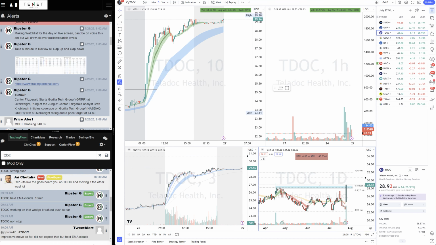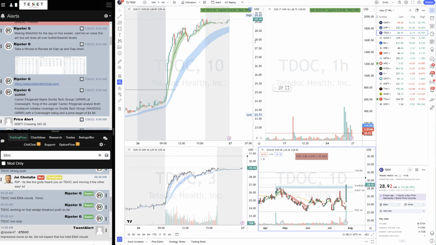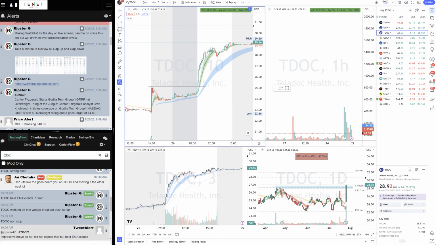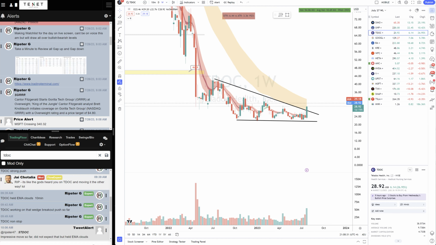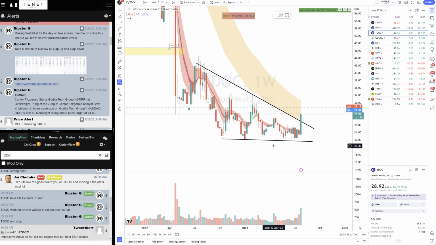Only one which was big out of the gate was T-Dog. So T-Dog right away went through this pre-market high breakout and this setup. We talked about this setup yesterday. So I wanted to see that if it fails and breaks down, then it will be a good short.